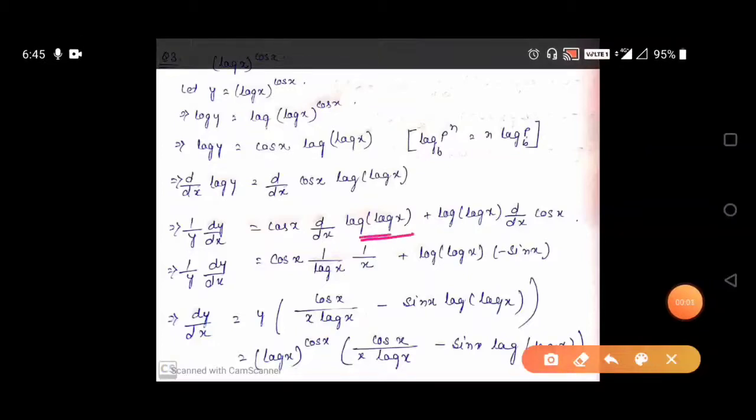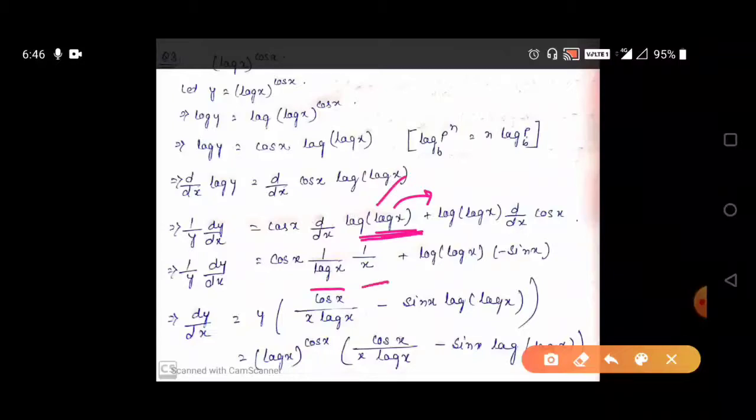To differentiate these, first of all we will apply the formula of ddx of log x, and we will consider log x as x. So it will become 1 by log x, because in place of x we have log x. Since we have log x in place of x, we have to again differentiate this log x.